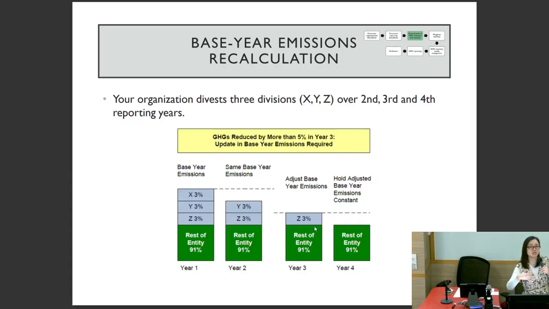You have to recalculate the emissions because we have a significant change. And then in year 4, maybe another facility is sold to another company. And this time, the difference compared to this base year emissions is only 3%, or 3% of 94. Anyway, not significant, less than 5%. Then we will keep the same base year emissions. So this recalculation is for the base year.